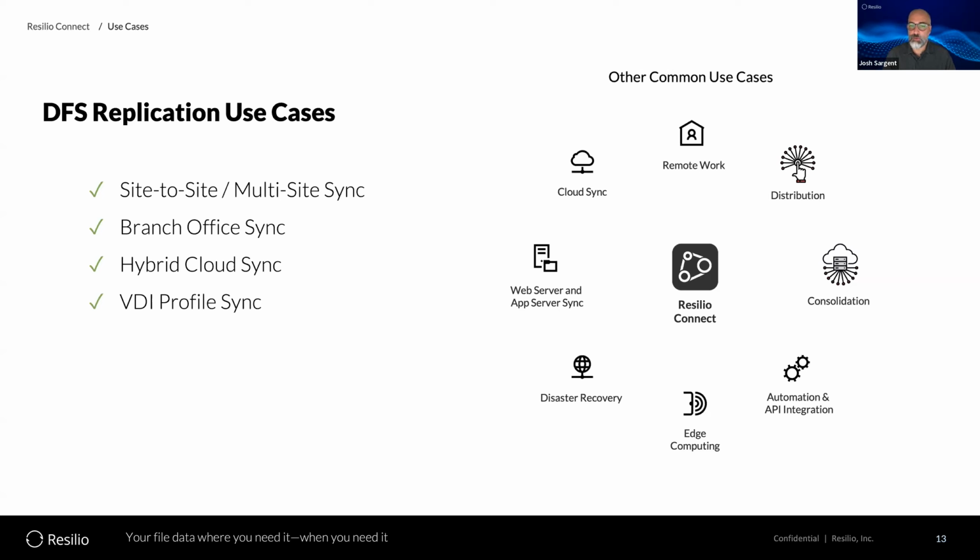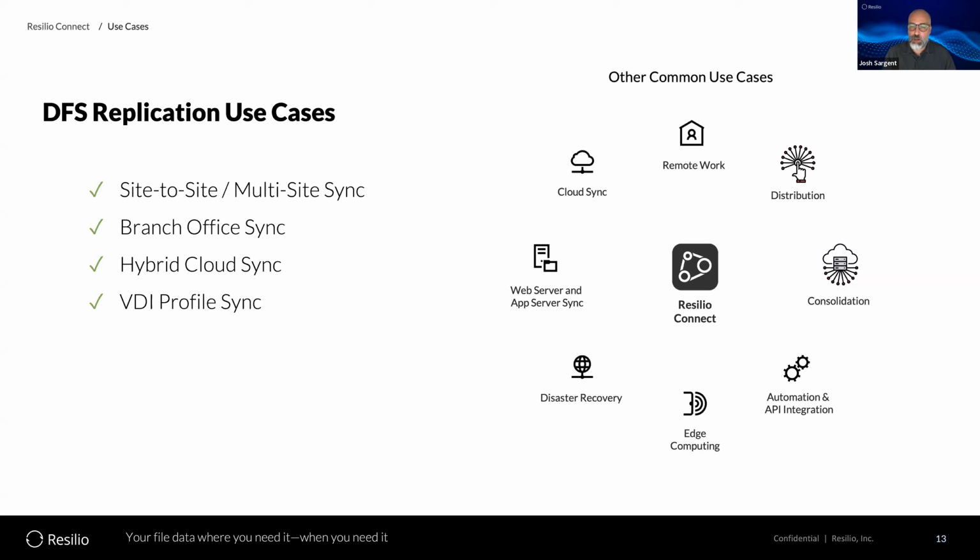Sometimes that's to synchronize a few servers within a data center at its simplest case. Sometimes it's syncing multiple sites or multiple data centers or multiple on-prem data centers and cloud locations. Maybe there's a lot of branch offices, or you've got factories or restaurants or stores, lots of remote branch office locations. I mentioned hybrid cloud.